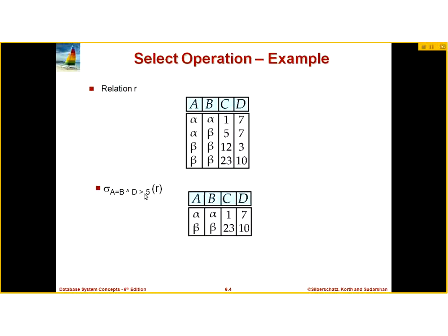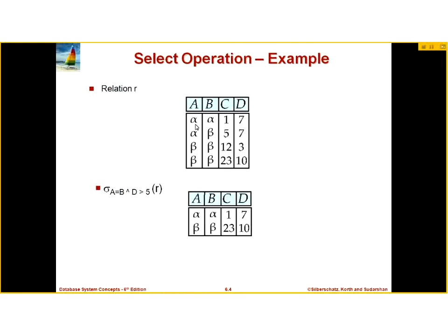And from where to perform the selection? From the relation R. So all the rows where the value of A is equal to B, like alpha is equal to alpha, beta is equal to beta, and the value of D is greater than 5 are selected.